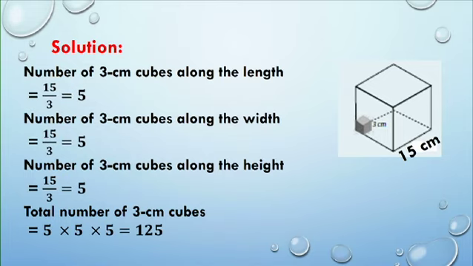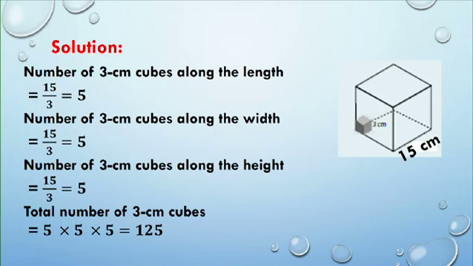Similarly, along the height, I'm going to have 5 3 cm cubes. So in all, I will have 5 times 5 times 5. That is 125 3 cm cubes will be needed to completely fill in this cube of edge 15 centimeters.